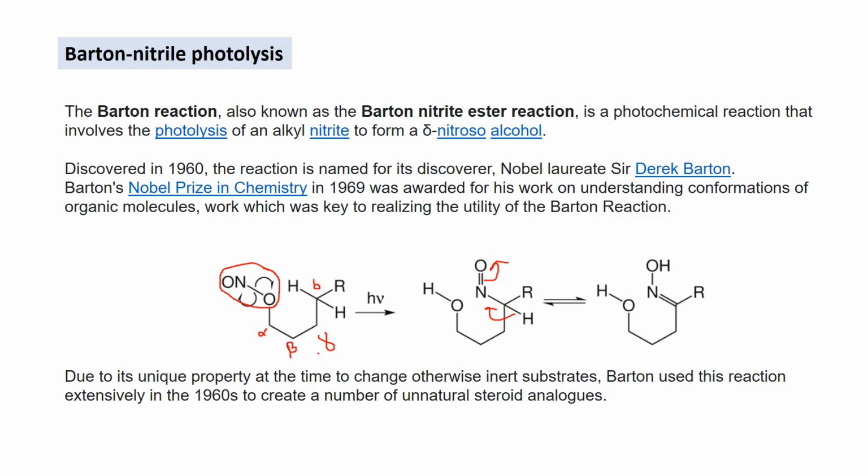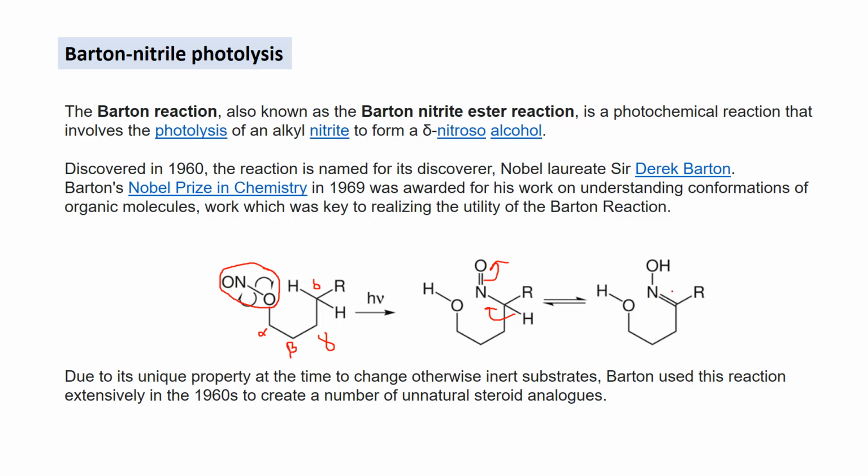So this reaction is very selective towards the delta hydrogen. Suppose you want to functionalize this, which was just a remote C-H bond. There is no functional group adjacent to this one. This remote C-H bond can be functionalized by this reaction.